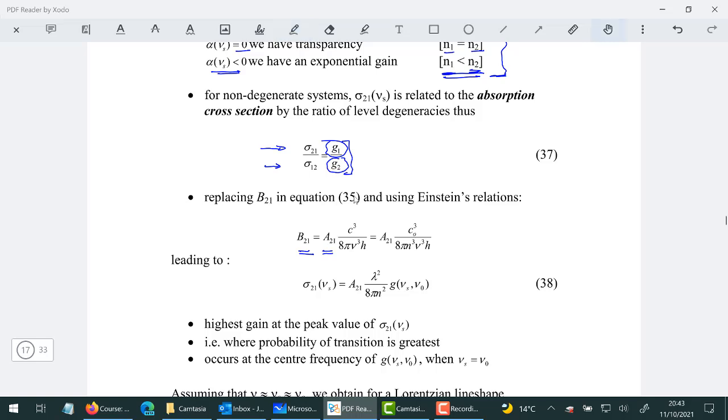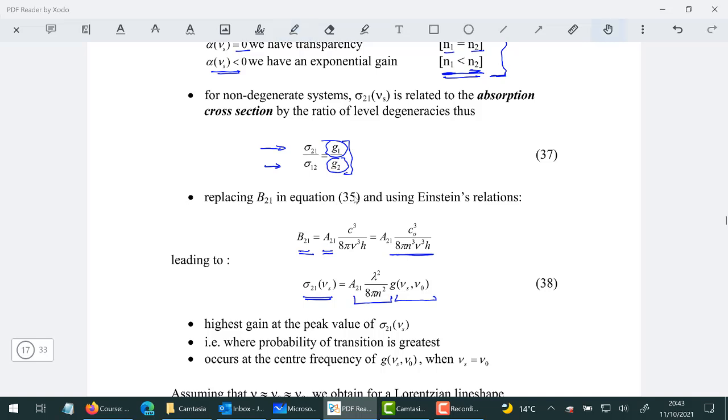It's just a fluorescence lifetime, so it's a decay lifetime that we can measure. And all the other bits and pieces here we can measure too. And the effective cross-sectional area, the stimulated emission cross-section, stimulated emission because it's going from level 2 to level 1, is given by this expression here. So we have some constants, and then we have the line shape function.